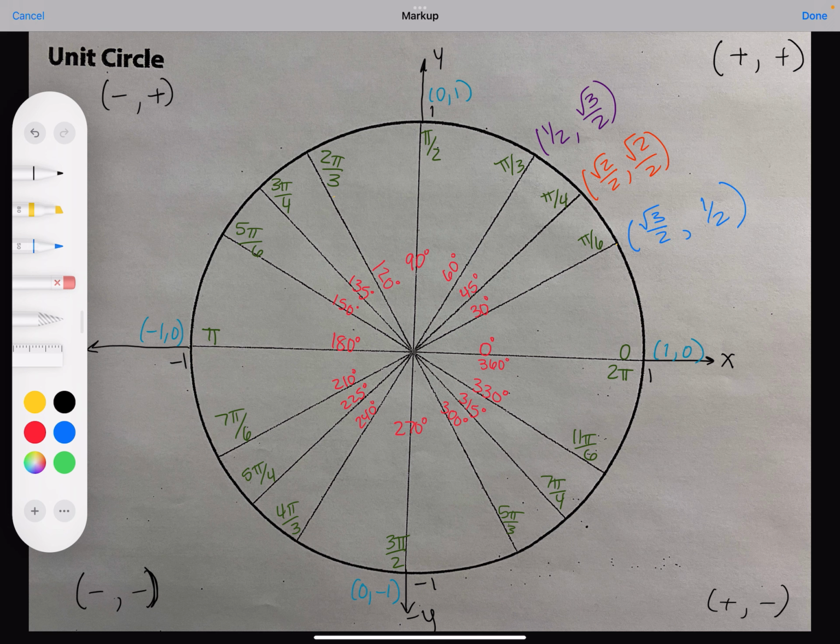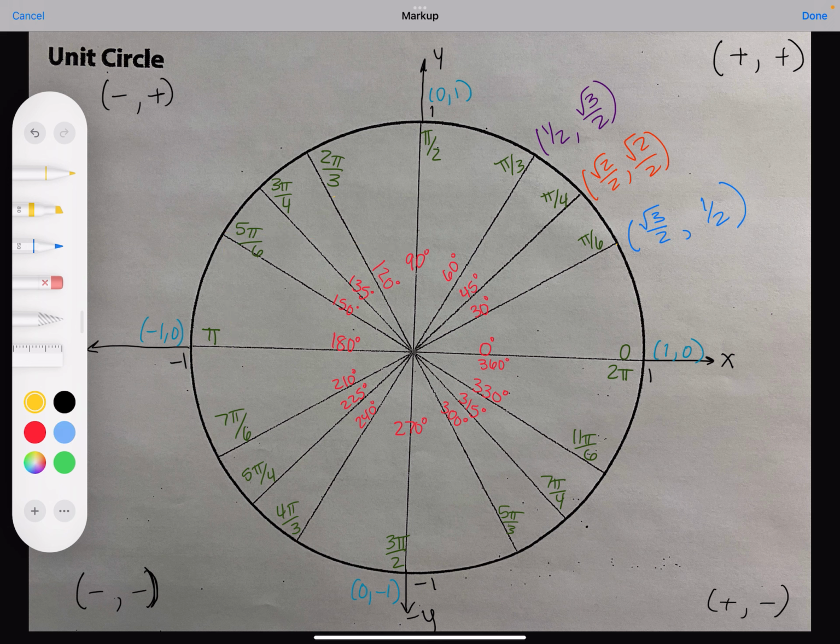Same principle: draw the line down, draw it across. I'll show you with this one that it's still true. Would you still agree that my y value is 1/2 and that my x value is still root 3 over 2, or about 0.866? Yes. Okay, so I'm going to get rid of those lines so that's not confusing.